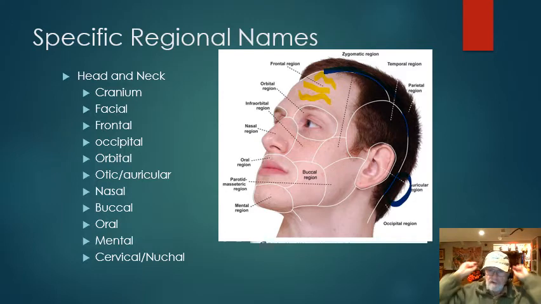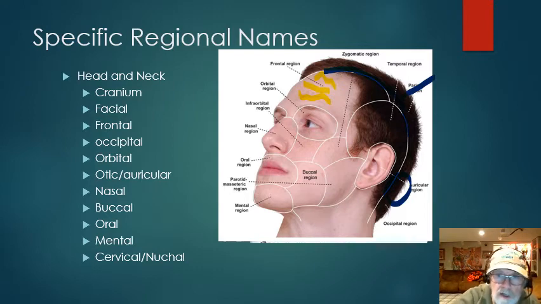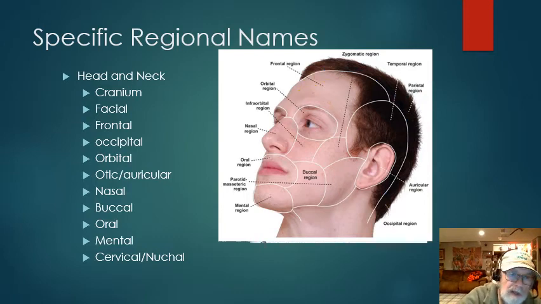This band of tissue is called the epicranial aponeurosis. You don't have to remember that. But the frontal muscle is actually attached to the back with the occipital muscle. So go figure that. The back of the head is called the occipital region. Now we're that far.